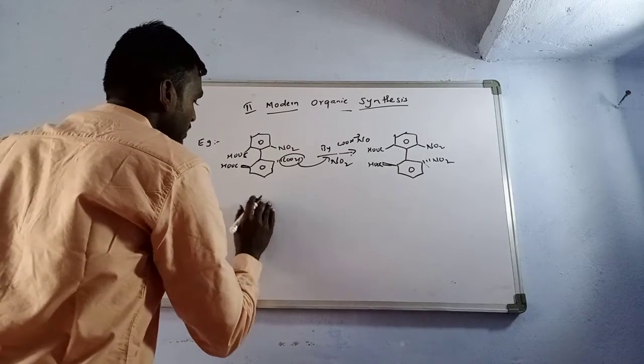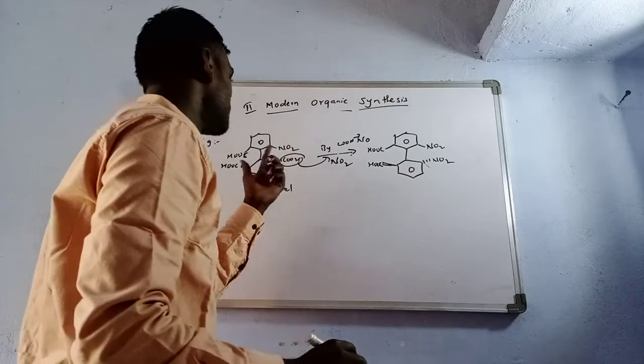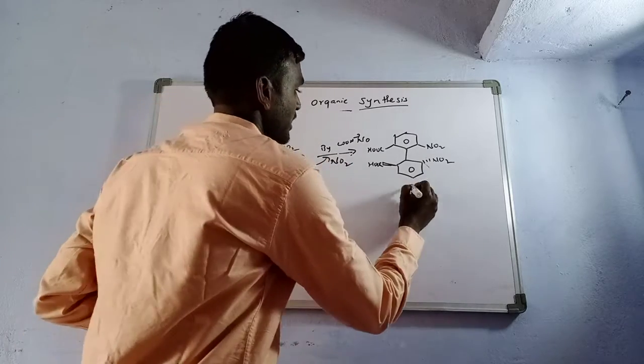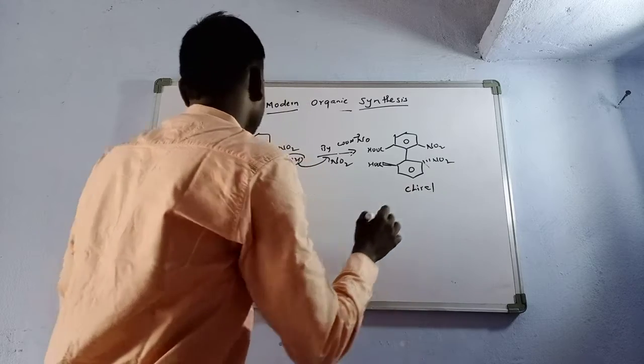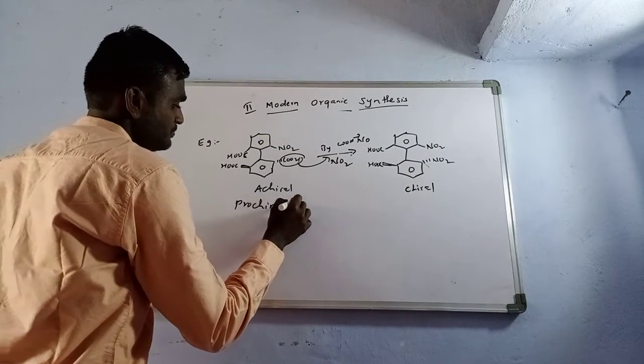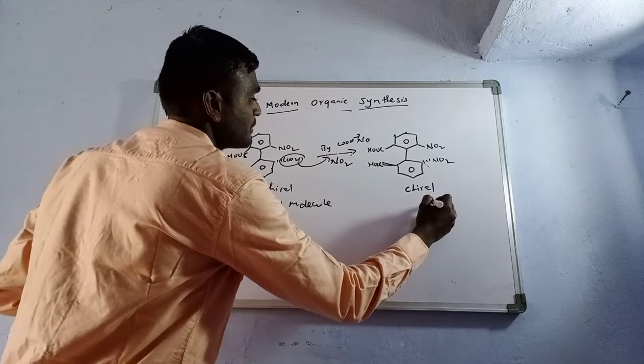This is the achiral molecule, but by replacing one of the COOH groups in the bottom ring, it will become a chiral molecule. So this molecule is a prochiral molecule and this is the chiral molecule.